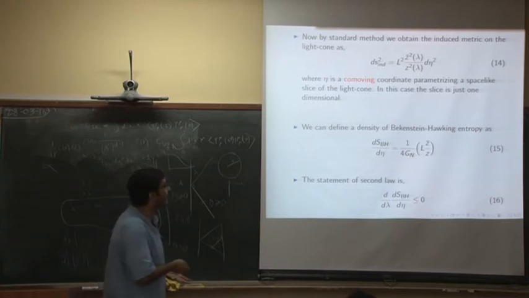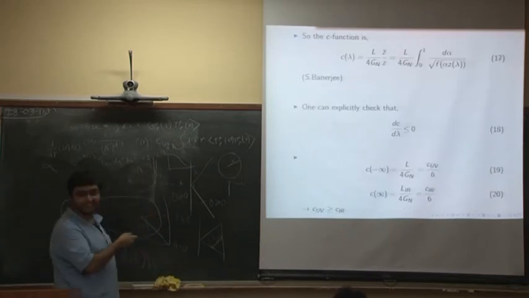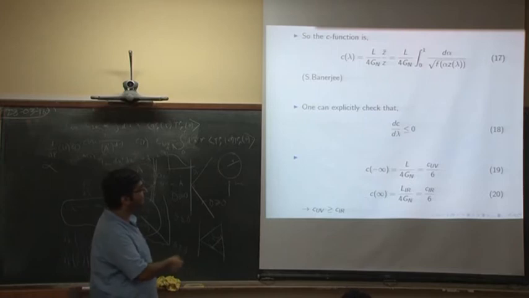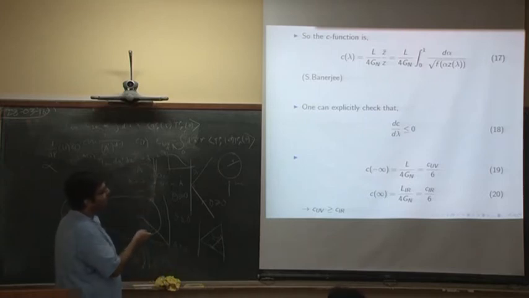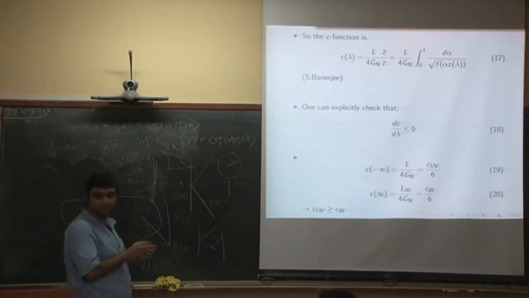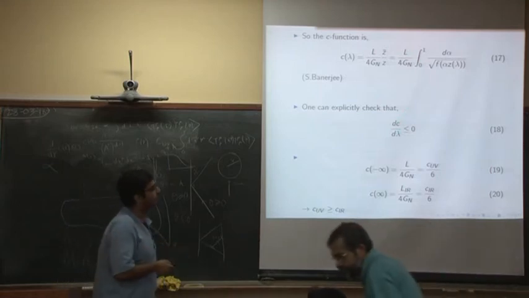It's just high school algebra that one can do. So this way you get this. That's good. So that actually shows this thing, and this is a monotonically decreasing function as you go from the ultraviolet to the infrared.